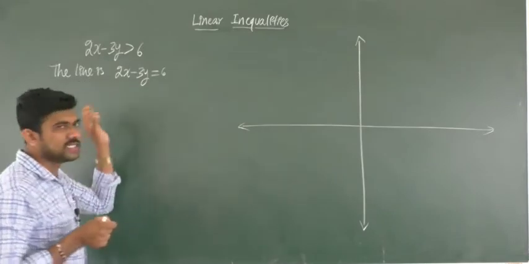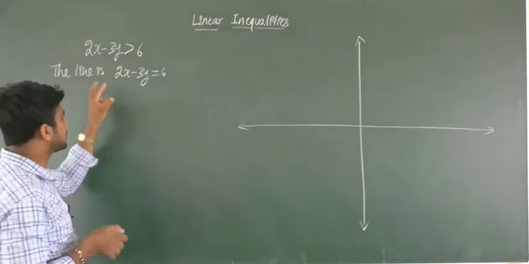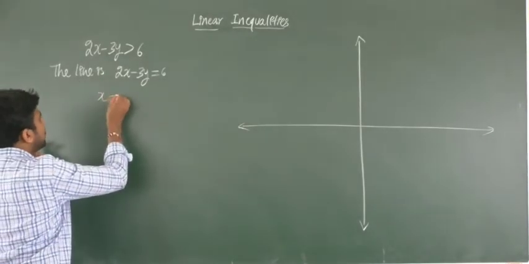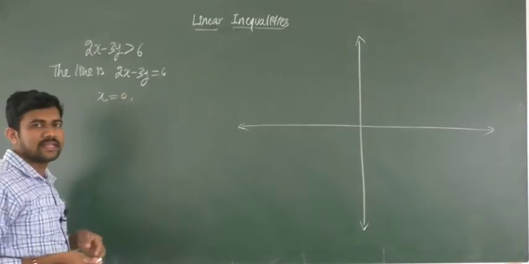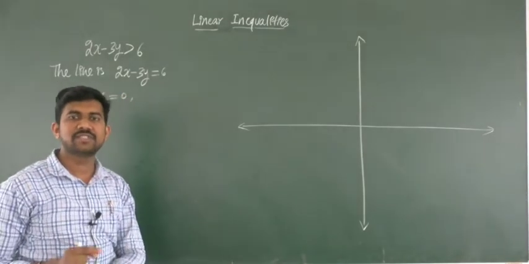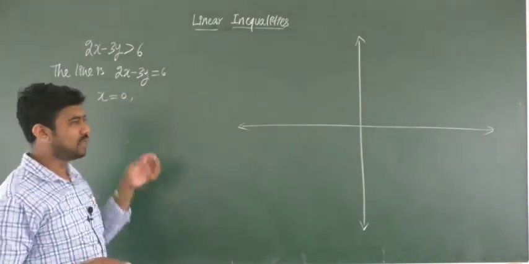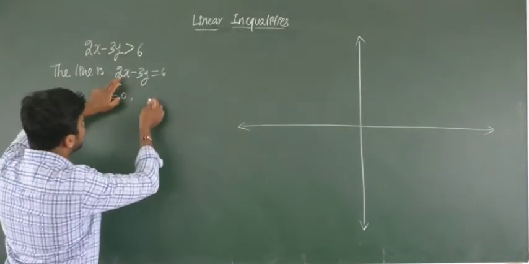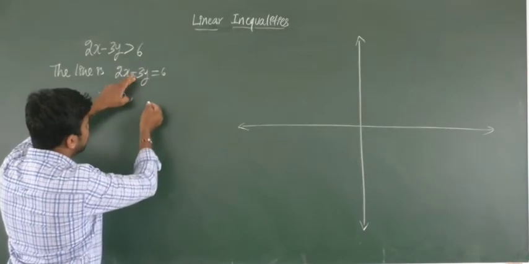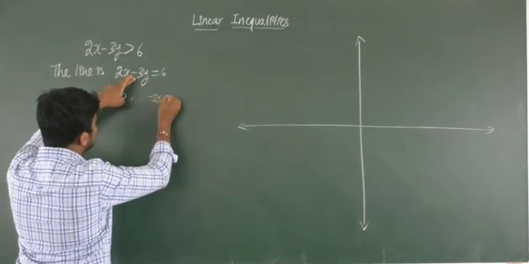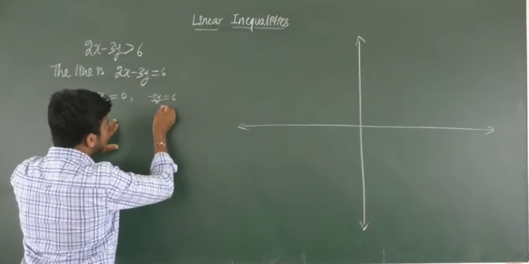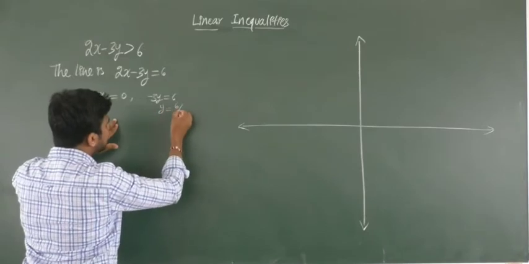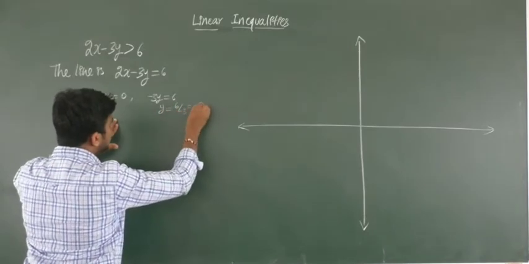To get the points on the coordinate axis, first consider x is equal to 0, then we'll get the y value. Similarly, you consider y is equal to 0 and then you can get the x value, okay. So if you consider x is equal to 0, then what will we get here? 2 into 0 is 0, minus 3y is equal to 6, or we can say y is equal to 6 by minus 3, that is equal to minus 2.